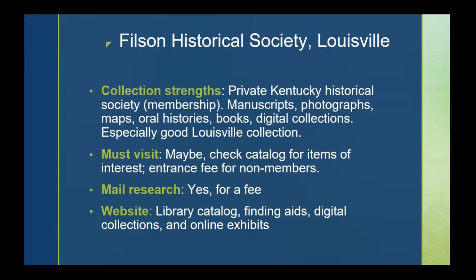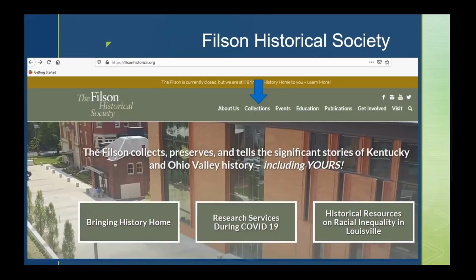There will be an entrance fee if you are not a member. They will do some mail research for a fee at a distance. And they have a website that has a library catalog, some finding aids, some digital collections, and online exhibits. So at the Filson Society's webpage, you want to go to collections, there where the blue arrow is.